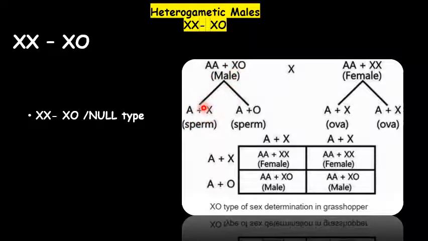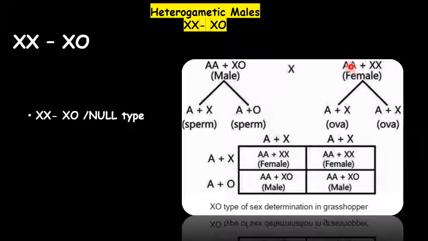As I told you, the heterogametic male will produce half the number of the same chromosomes. For example, here we have X and O, where O means there is no chromosome at all. In the male sperms, half of them will contain an X chromosome and half will not contain any chromosome at all.